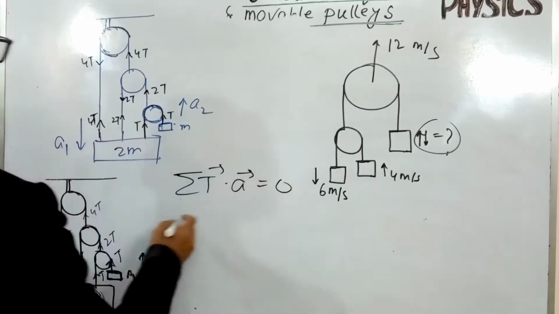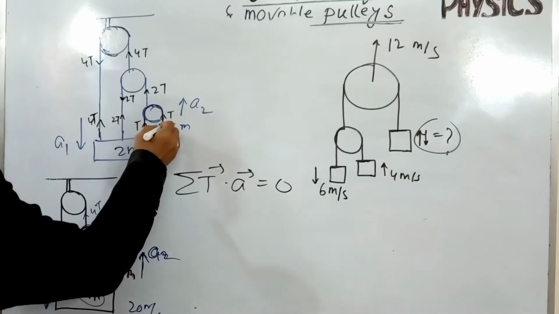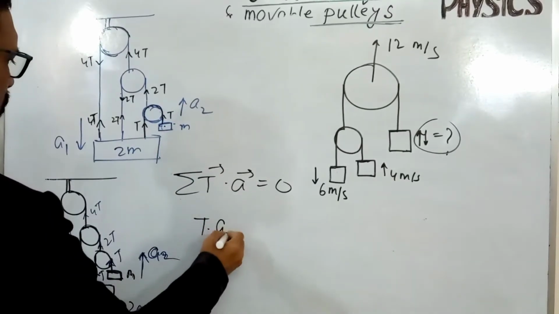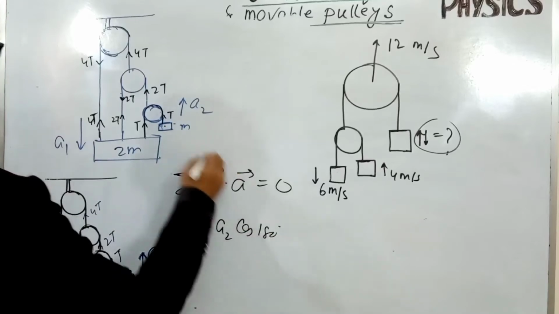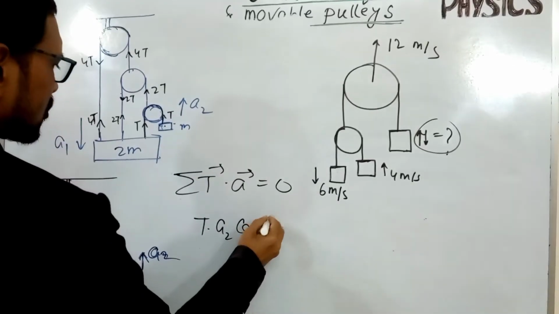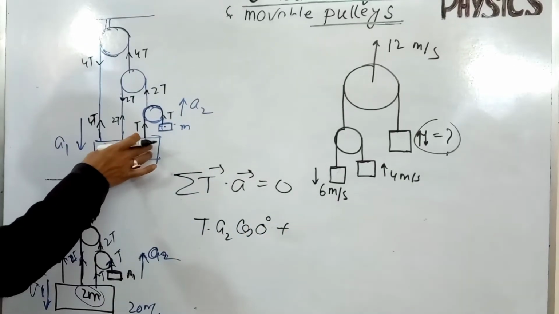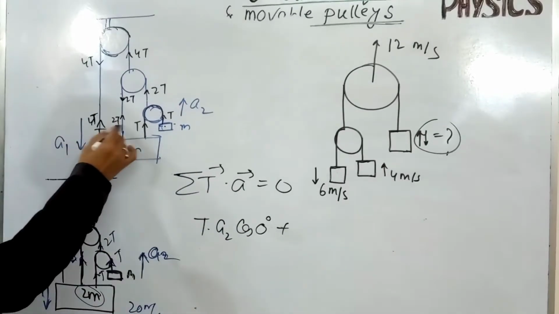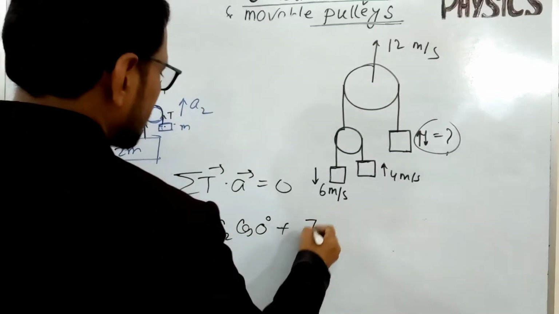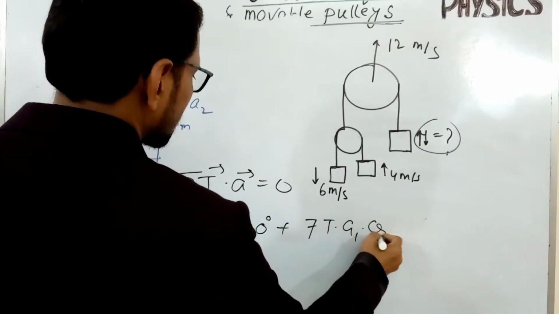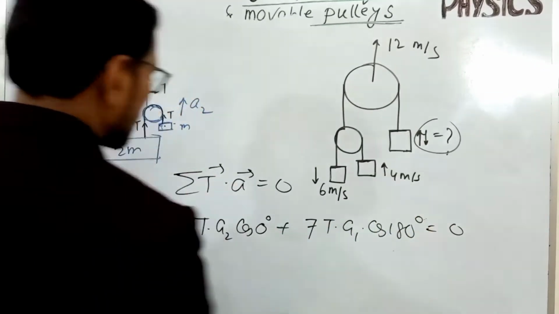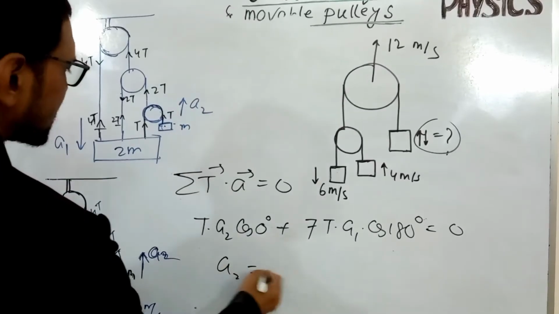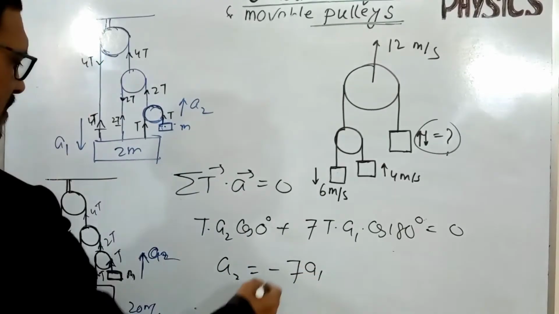Now for this block of mass m, T into a2 cos 0 degree, plus if we apply T dot a on this block, the total tension is 4T, 2T and T, 7T, into a1 into cos 180 degrees equals 0. From this we get a2 equals minus 7a1.